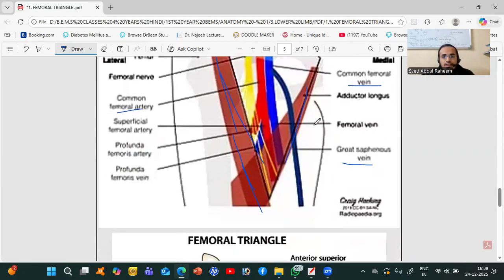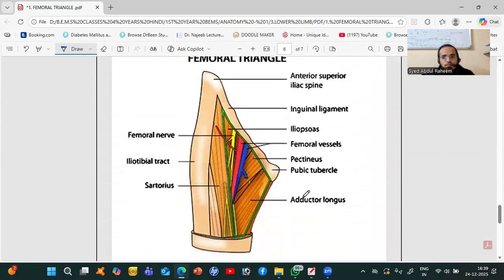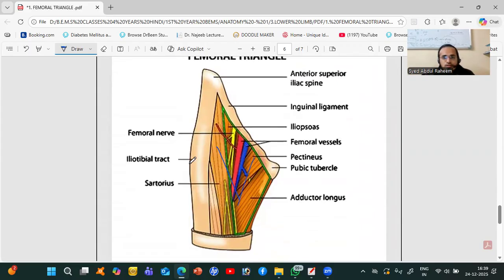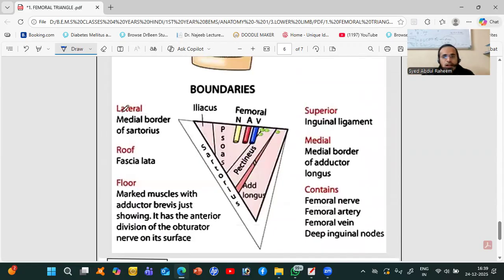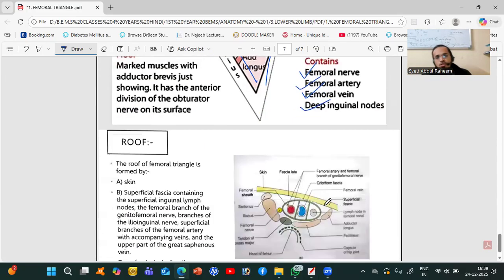This is the great saphenous vein. You have lateral sartorius, adductor longus, roof fascia lata. I discussed content: femoral artery, femoral vein, femoral nerve, deep inguinal nodes.